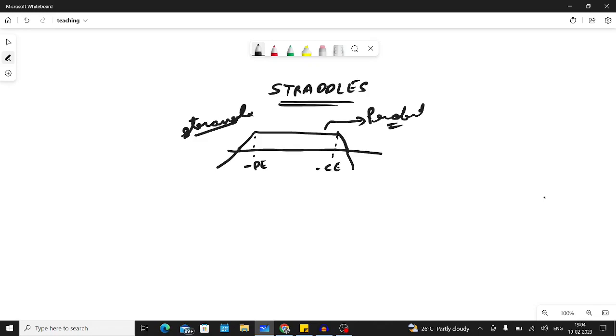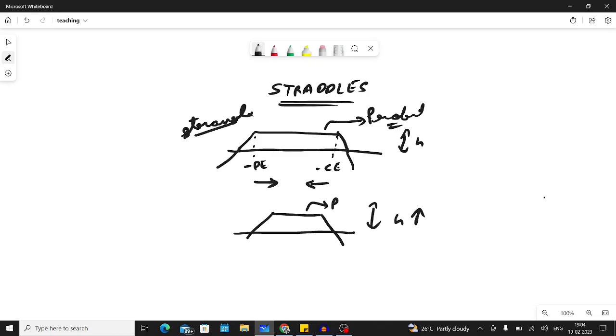Now let's say if we move this put option and call option a little closer. So the payout graph would look somewhat like this. So this height is going to increase. So basically this profit is going to increase, but this length is going to decrease.